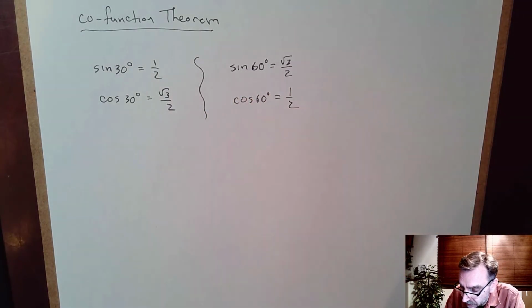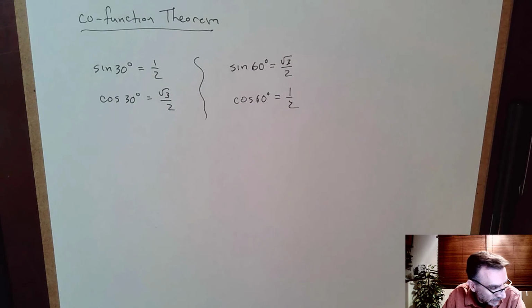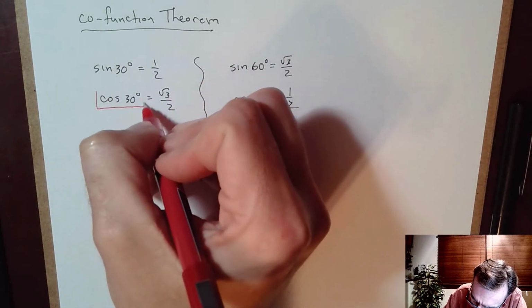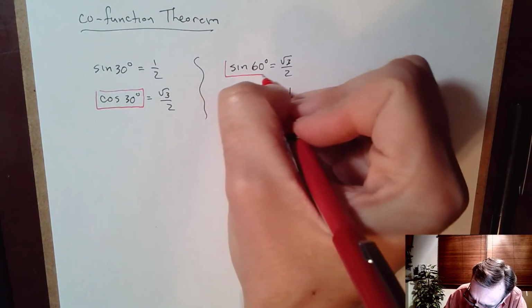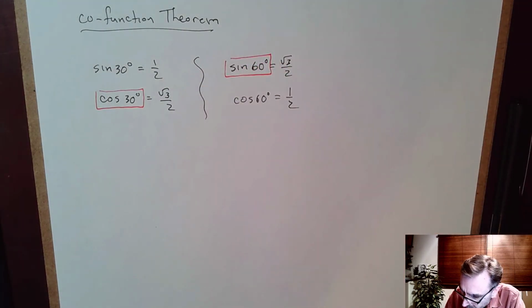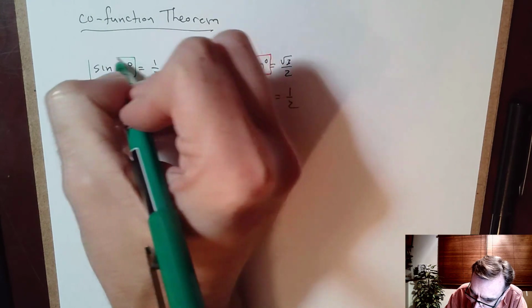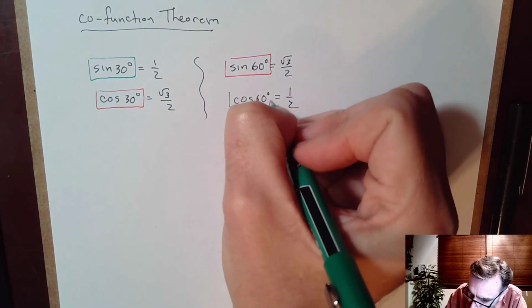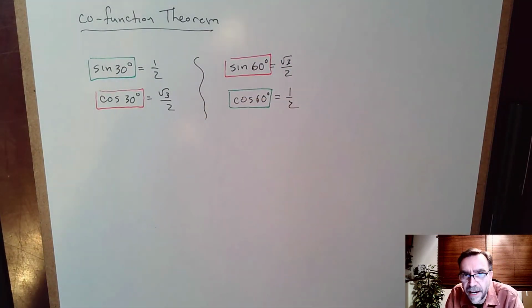So there's a pattern here. Notice that cosine of 30 and sine of 60 have the same ratio, root 3 over 2. And also sine of 30 and cosine of 60 have the same ratio, 1/2.